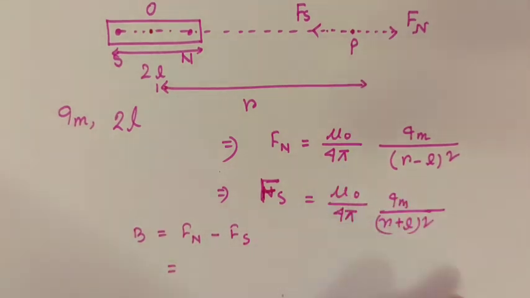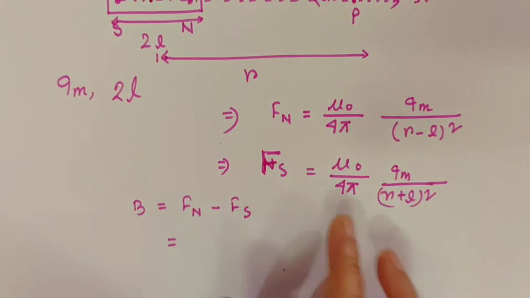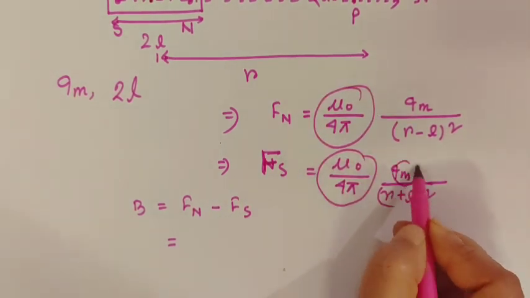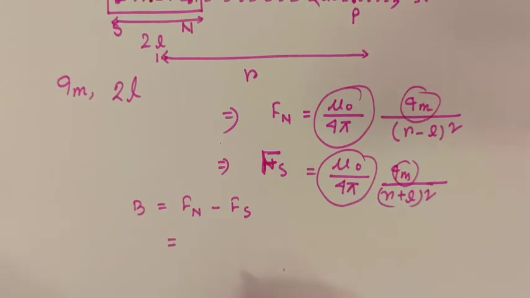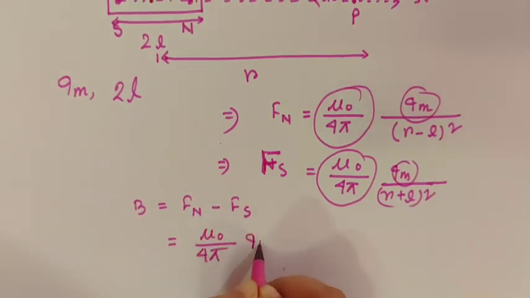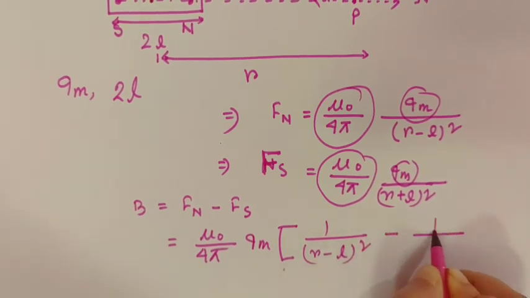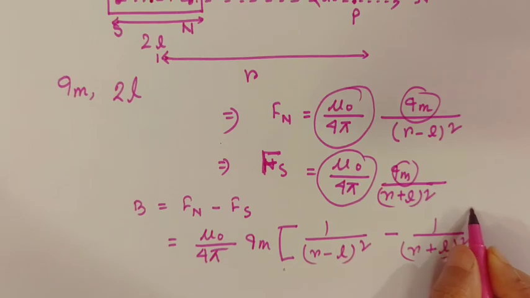So we have to subtract Fs from this, and we can take mu naught by 4 pi and Qm common, then 1 by (r minus l) square minus 1 by (r plus l) square.